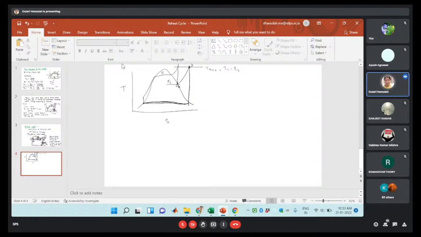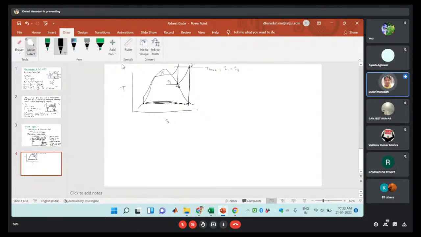I'm not going to correct this one. It will be difficult to draw this diagram in this digital pad. Okay, so this is the point.